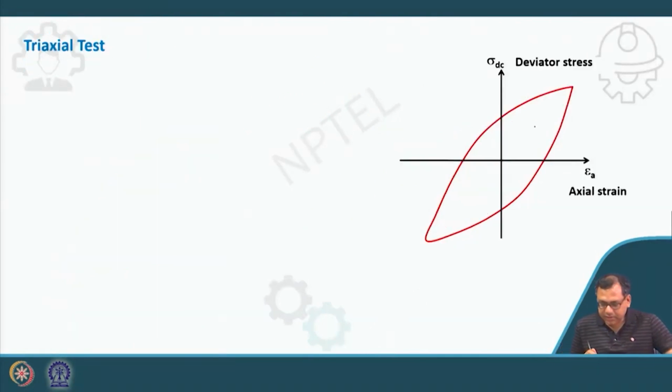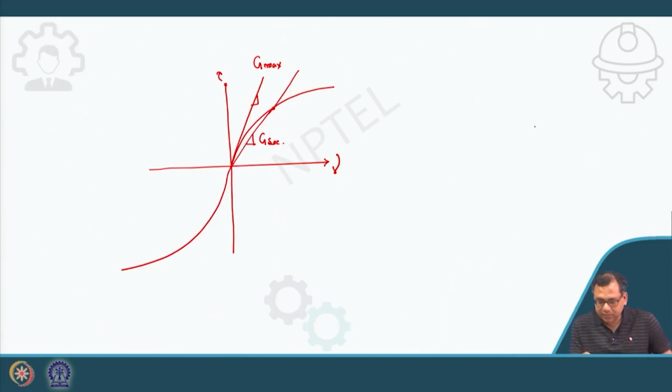The same thing you can do here also: you can calculate different secant shear moduli at any point, corresponding to say this is your strain 1, this is your strain 2, this is your strain 3, and so on.